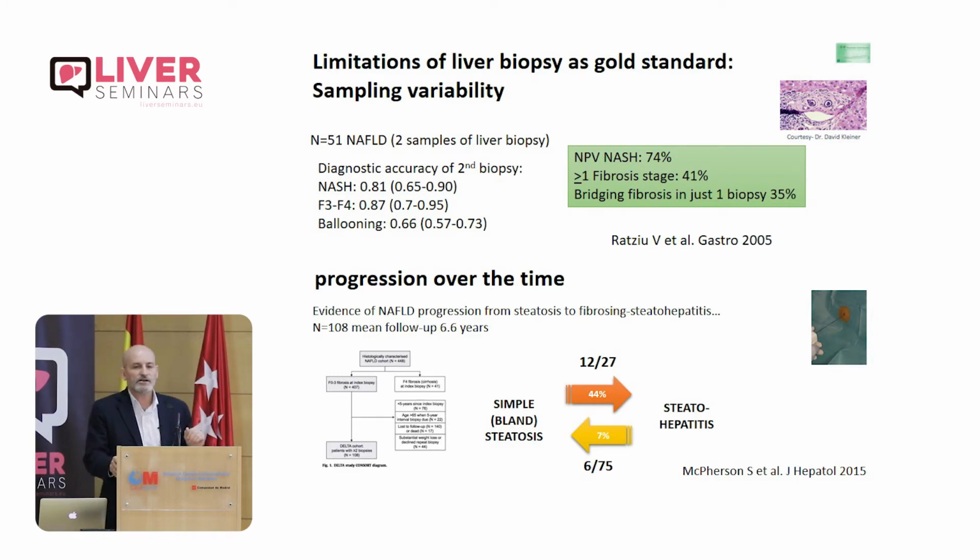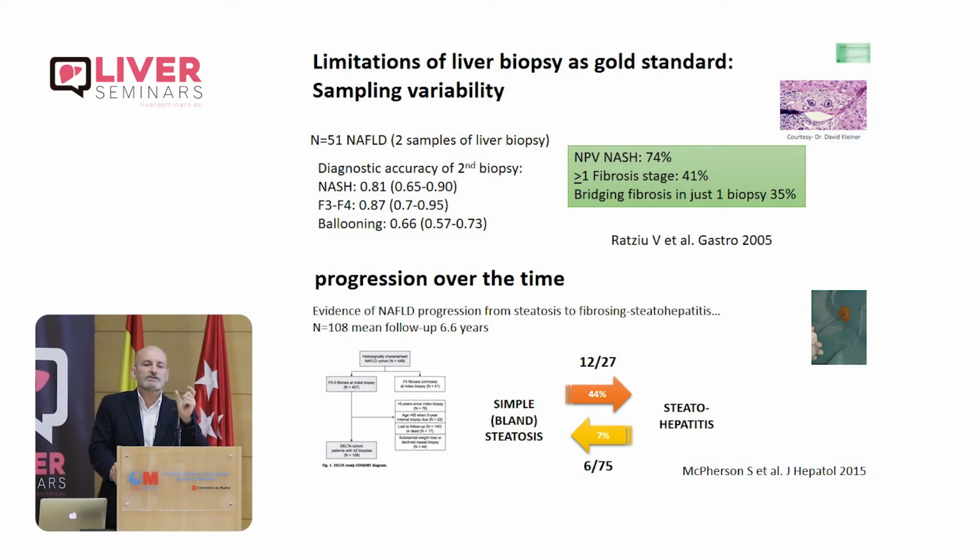In this study by Ratziu, more than 12 years ago, 51 patients that underwent 2 liver biopsies were analyzed separately. They demonstrated that the concordance between both liver biopsies in the same patient at the same time could differ by one stage of fibrosis in 41% of the cases, and the patient could show advanced fibrosis, bridging fibrosis, in just one of the 3 liver biopsies.